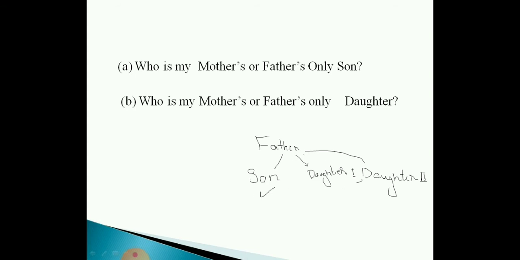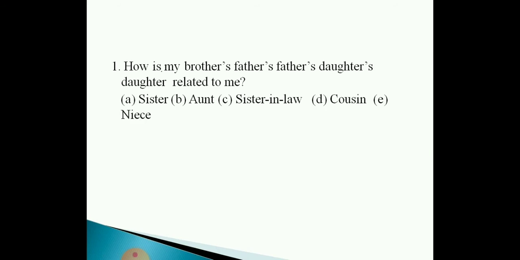He has two siblings but both are sisters, so these daughters can't say, any one of the daughters can't say, I am the only daughter of my father.